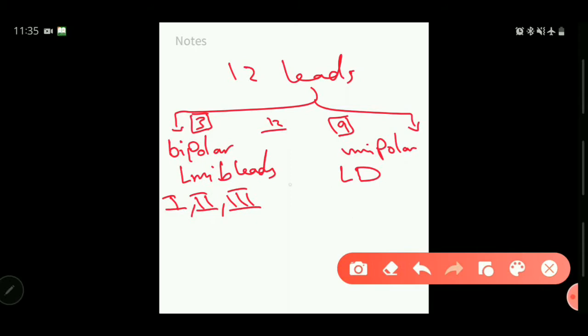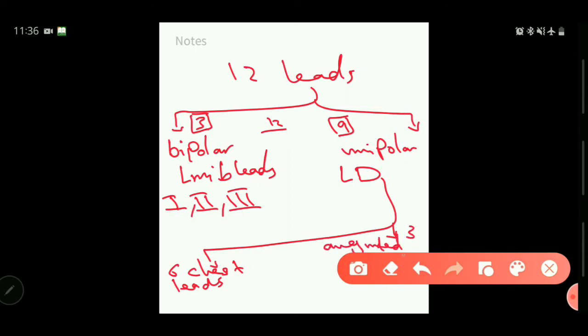The unipolar limb leads also divide into two parts: 6 chest leads and 3 augmented limb leads. So let me repeat.